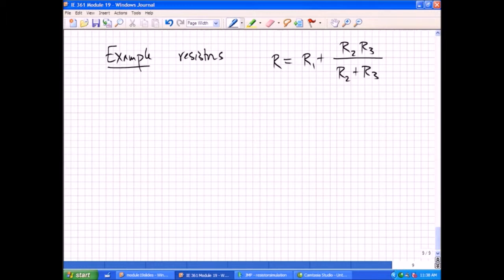If you think about what the partial derivatives are here, well, the partial of the overall resistance with respect to R1 is just 1.